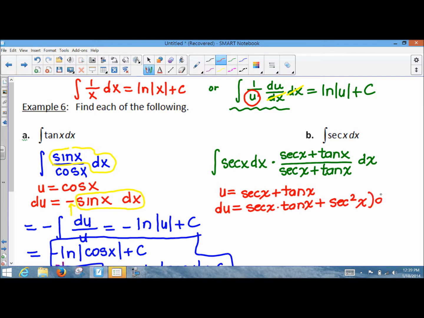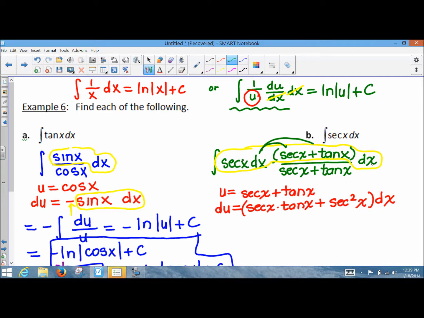And then I'm going to move my dx over as usual, and you will notice, once again, in yellow, the numerator of this original problem, and you might have to think about that secant of x in front as multiplying or distributing through here. You will have the exact same result. Secant times secant matches the secant squared right here, and secant times tangent will be your secant tangent there.